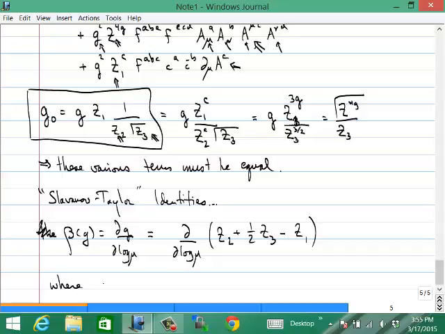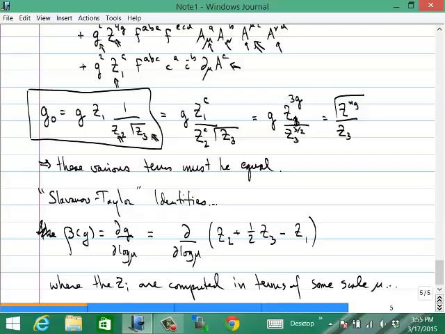So here, the Zs are computed in terms of some RG scale, some renormalization scale, that I've called mu in this formula.